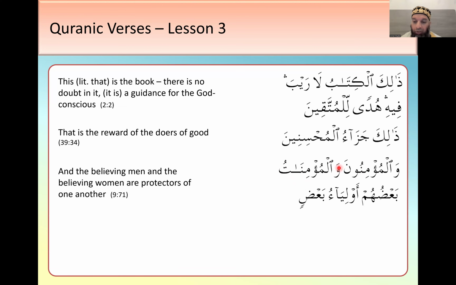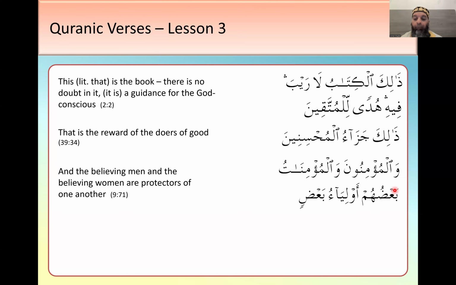And what's making this one plural? What's making this the believing men? What's making that plural? Una. Excellent. And you couldn't just say wal mu'minina there. You couldn't say wal mu'minina because it's not how it's in the Quran. You have to only say wal mu'minuna.